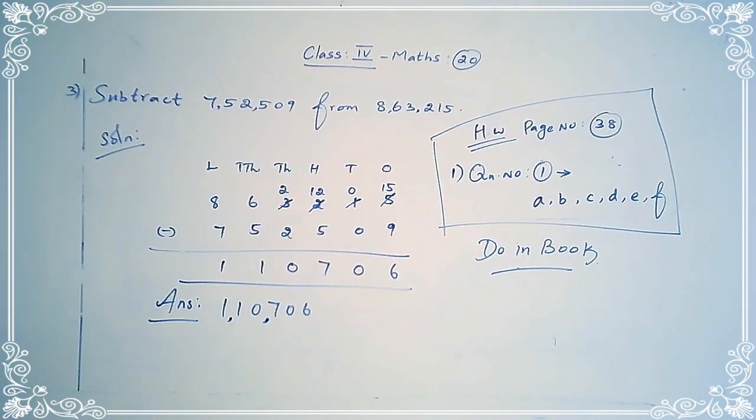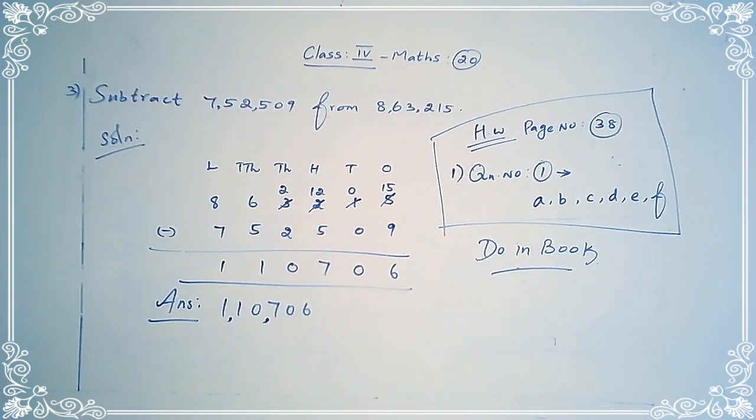Homework. Children, now all of you take your book, page number 38. I hope you have taken. Yes children. Now you see in exercise 3.3, in first question, A, B, C, D, E, F. 6 questions are there.